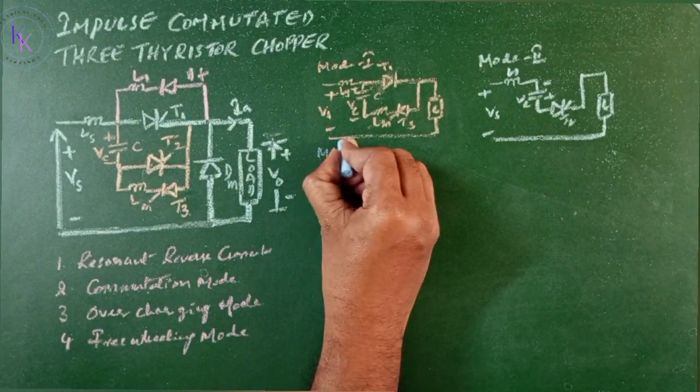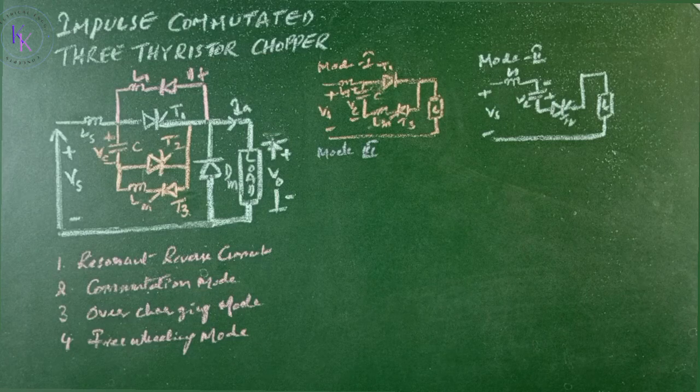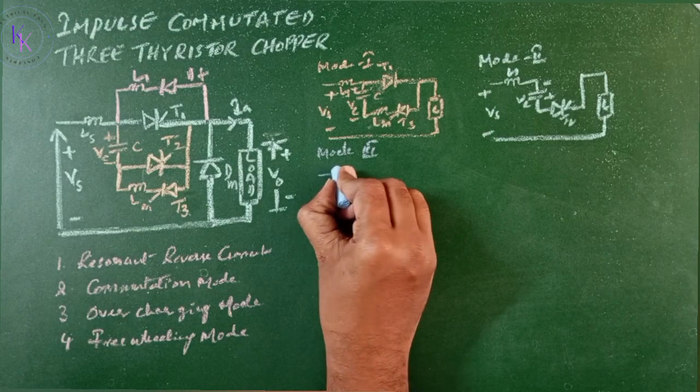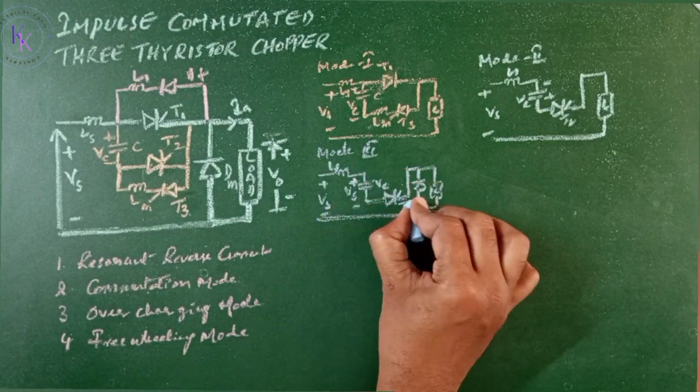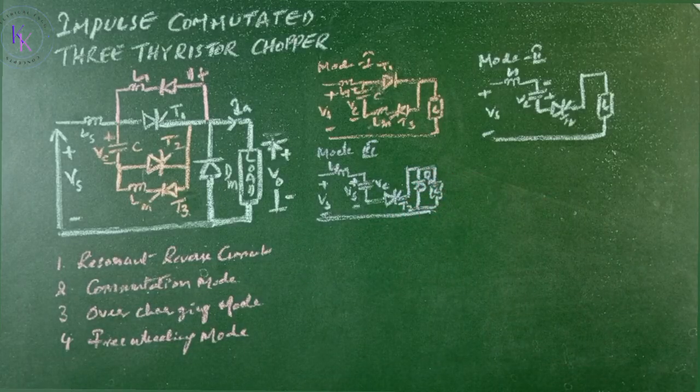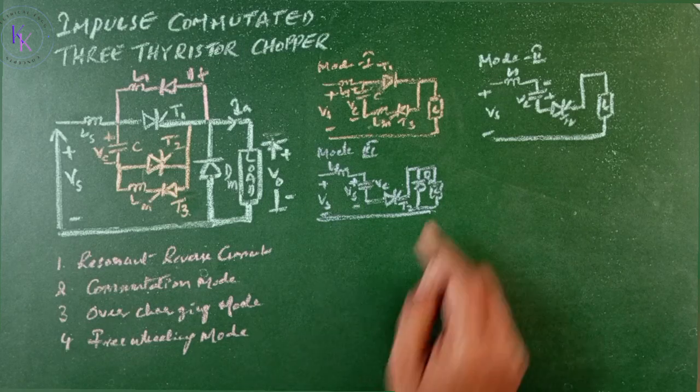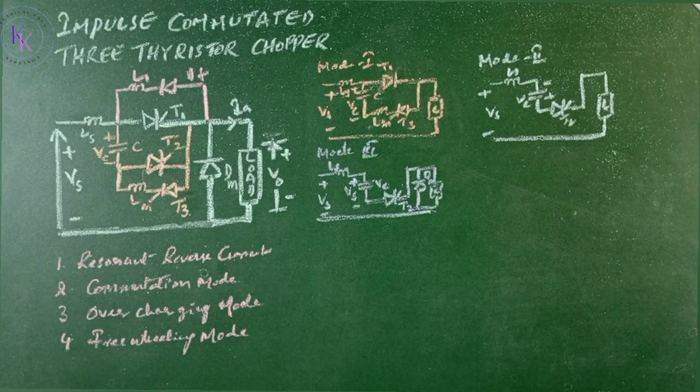Now, mode 3. Mode 3 begins when the capacitor is recharged to the supply voltage Vs and the freewheeling diode Dm starts conducting. So, the equivalent circuit will be as shown. During this mode, the capacitor overcharges due to the energy stored in the source inductor Ls, and the load current decays through the freewheeling diode Dm. This mode ends when the overcharging current reduces to 0.